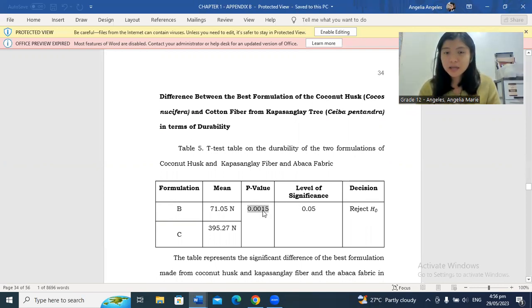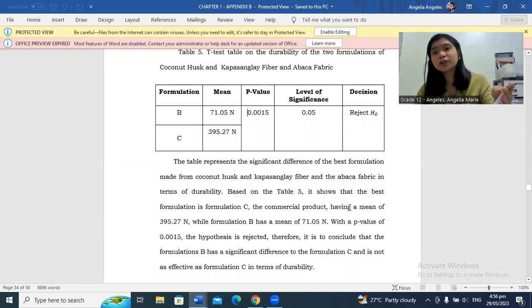Okay, so is 0.0015 higher than 0.05? No, 0.05 is still higher. So therefore, we reject the hypothesis. Ang conclusion nito is there is a significant difference between formulation B and formulation C.